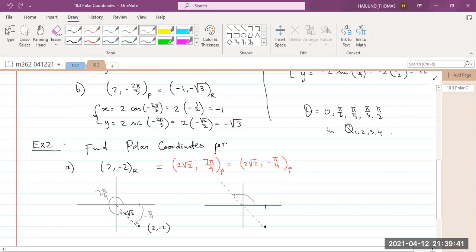So take this angle here, but make the r, the radius, negative. That angle is 3 pi over 4, but I choose my radius shooting backward. At this angle, I'm supposed to shoot to the top left. But if I want to shoot bottom right, I make my radius negative. So we can write this as negative 2 radical 2, comma, 3 pi over 4.